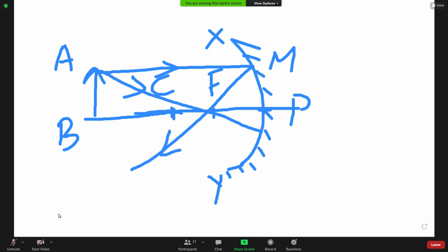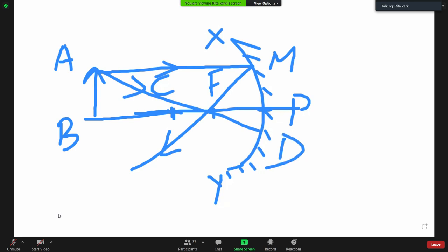We have just taught this. Parallel to the principal axis. So the incident ray of light is denoted by AD.